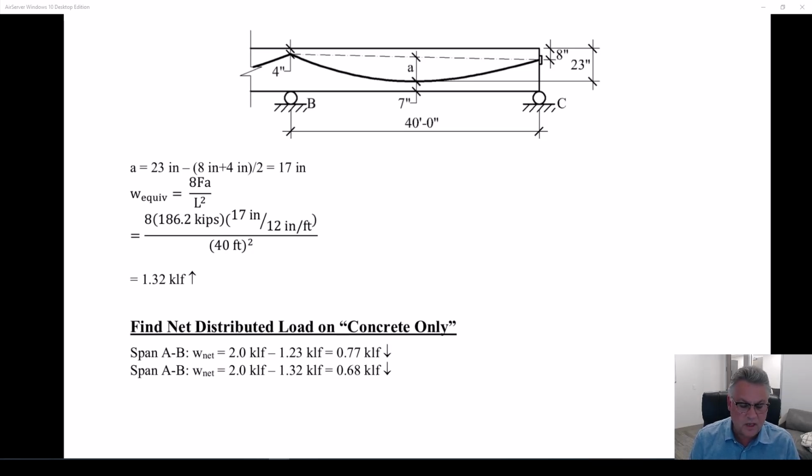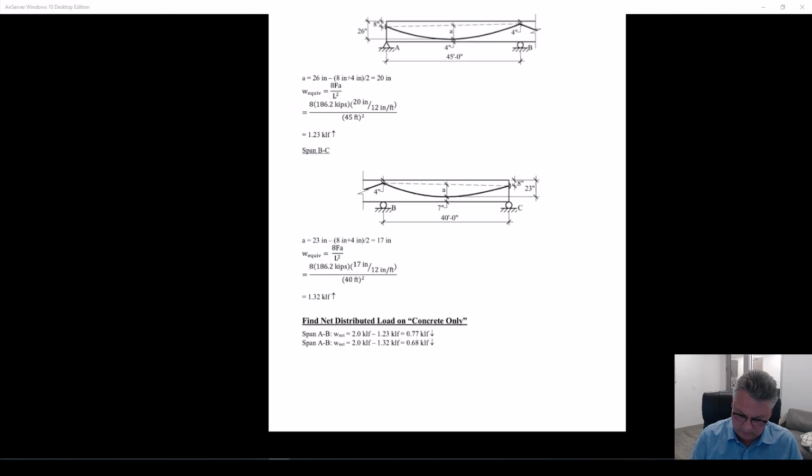If these weren't the same exact load patterns, if this had point loads in it, or we had a trapezoidal type of load, or the harped tendons created a point load, then we couldn't do this. But because both loads are uniform loads in both spans, we can figure out what the net load is. In this case, on span AB, the net load is 0.77 kips per foot, and span BC is 0.68 kips per foot.